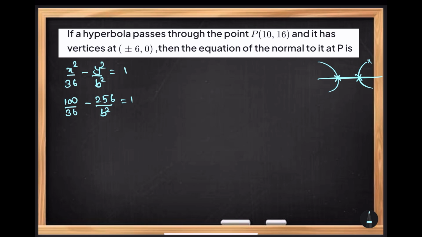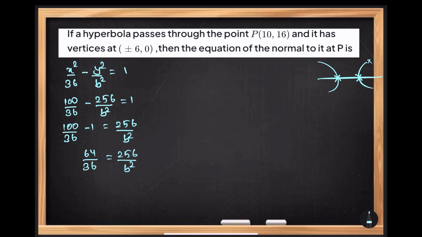Now I'll send the b square part to that side. So we will have 100 by 36 minus 1 equals 256 by b square. Now 100 minus 36 is what? 64 by 36 equals 256 by b square.